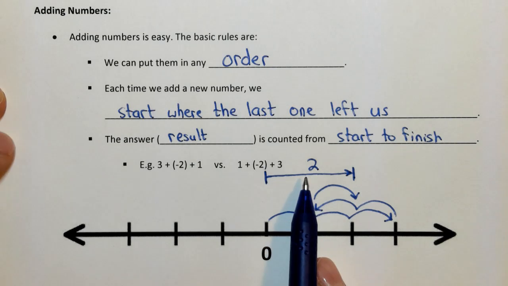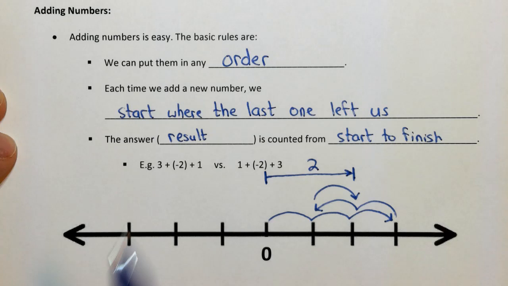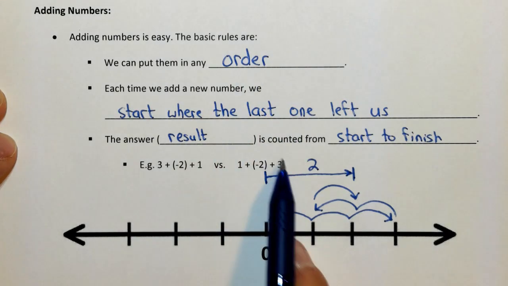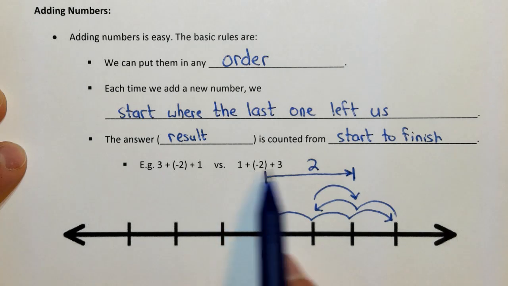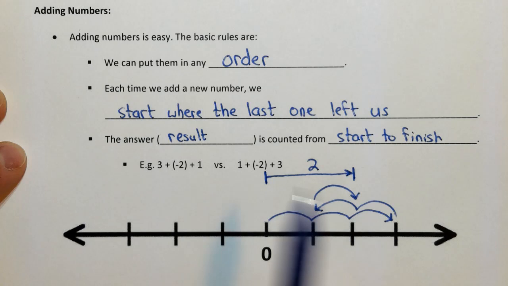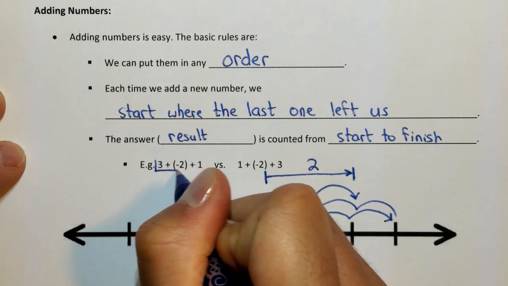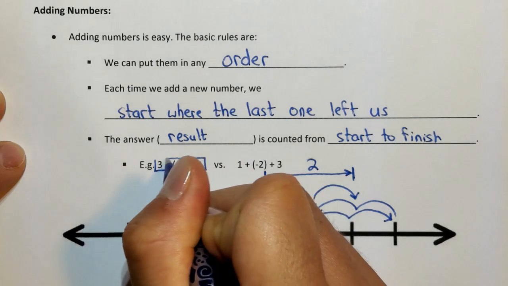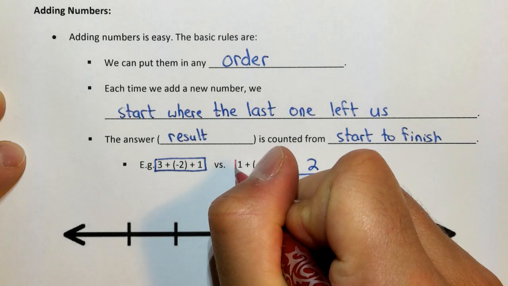Now we didn't really look at the first rule, where I claimed we could put the numbers in any order. So let's go through that and just double check. Here I have the same three numbers, but in a different order. There's my 3, there's my -2, there's my 1. They're in reverse order. So I illustrated this first addition in blue. Let's do this next one in red.